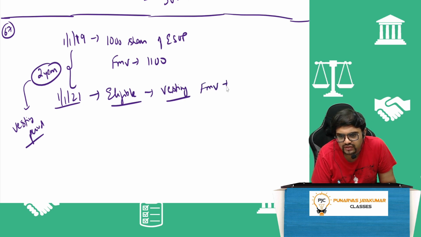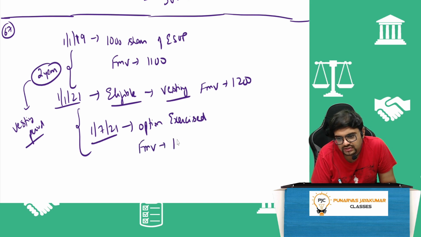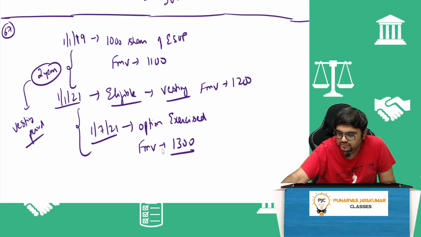Here, fair market value, let's say, is 1,200. You will be given a period where you can exercise the option. You will exercise the option, let's say, on 1/7/2021. 5-6 months will be given. You will do it on 1/7/21. Option is exercised. Now FMV is 1,300 rupees.